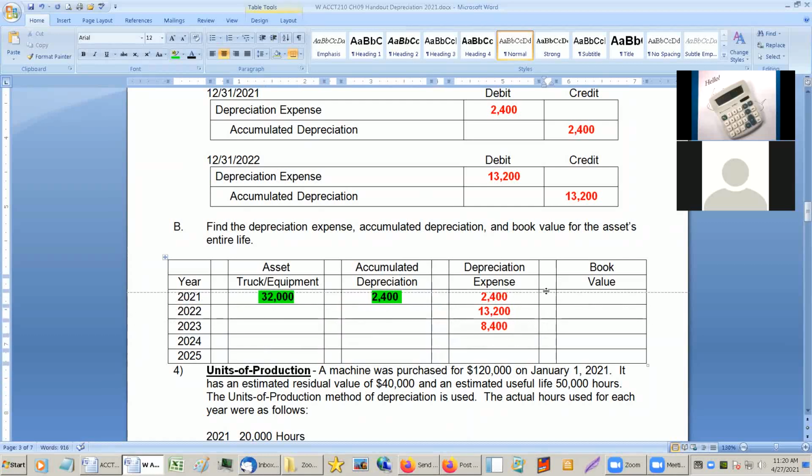Oops. All right, so 32,000 minus 2,400 equals a number. You guys probably already knew that. 32,000 minus 2,400, 29,600.